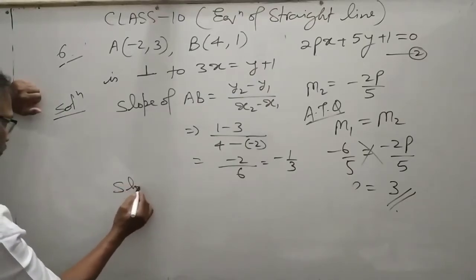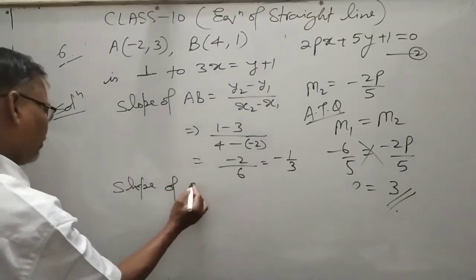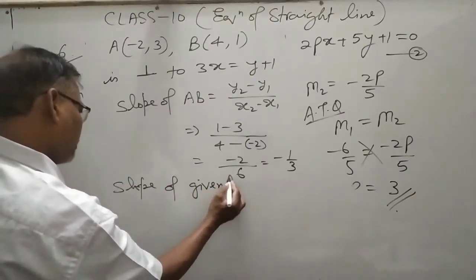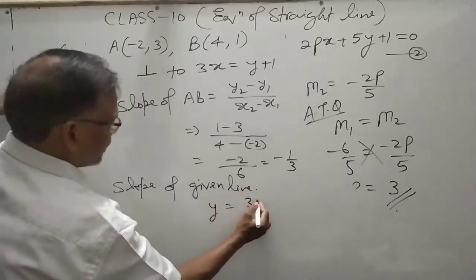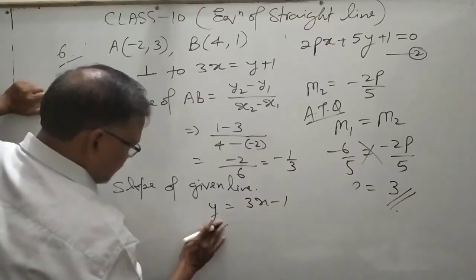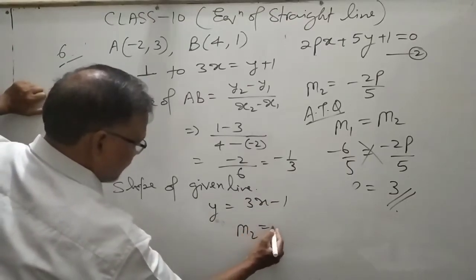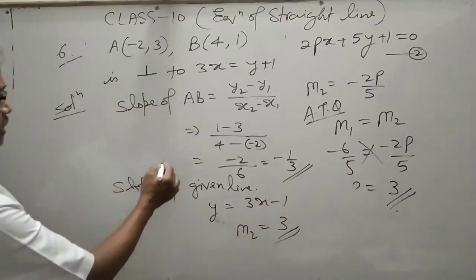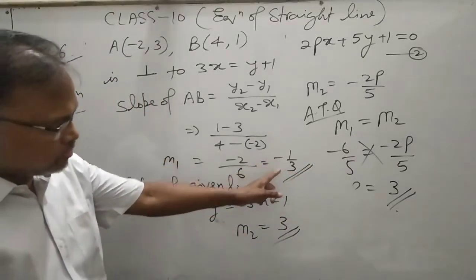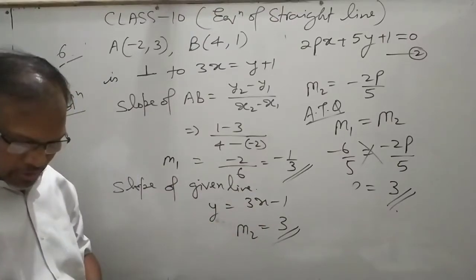So the slope of the given line y is equal to 3x minus 1 will be 3. And these two slopes, this is m1, minus 1 by 3, and this is m2, which is 3, for the second line.